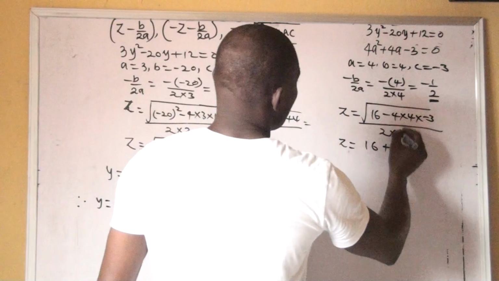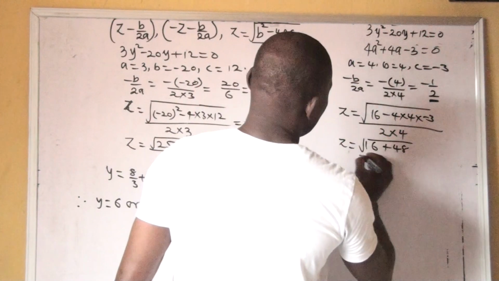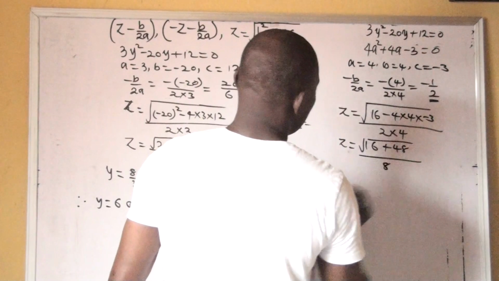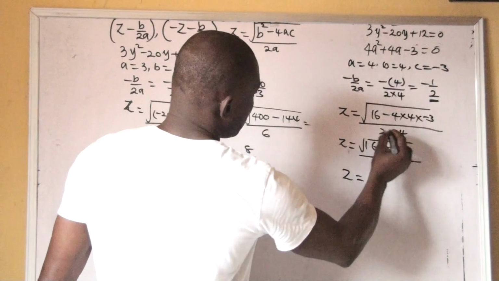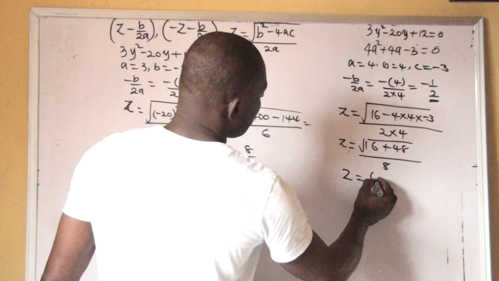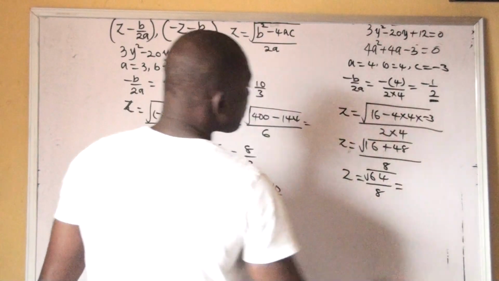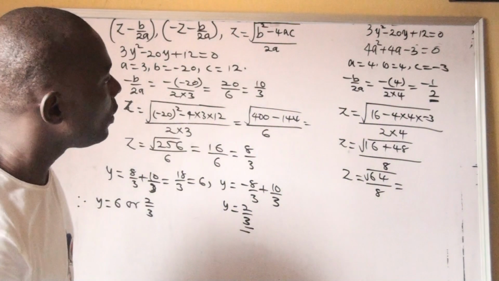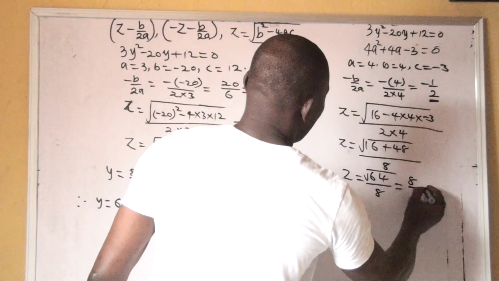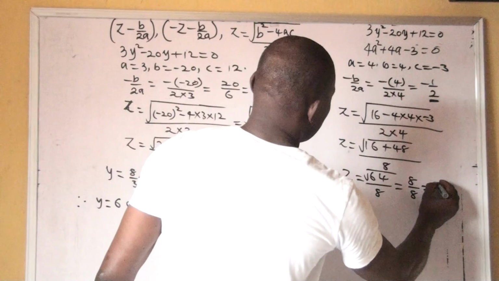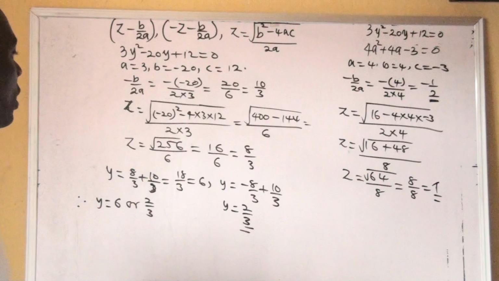So we have the square root of 16 plus 48, which is the square root of 64, that gives us 8, all over 8. So 8 over 8, and z is now 1.